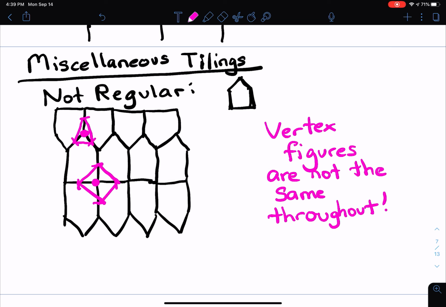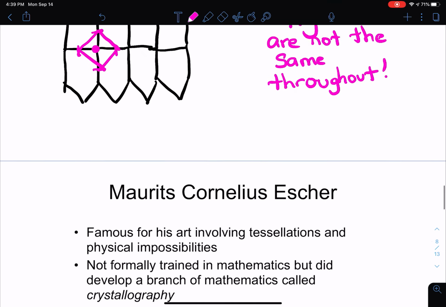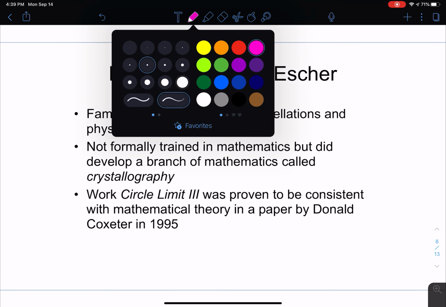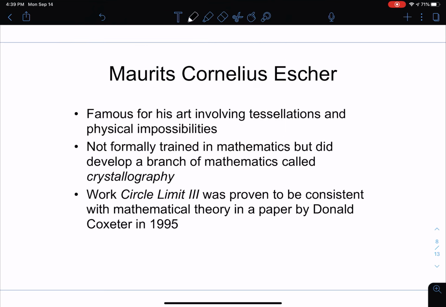All right, so you know who was a genius at working with these? I mentioned him earlier, Mr. Escher, M.C. Escher, Moritz Cornelius Escher, famous for his art involving tessellations and also physical impossibilities. And some of his art too is more of a self-portrait nature, but he was brilliant with those as well.